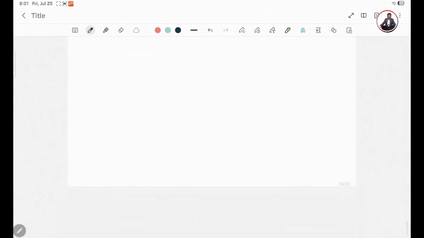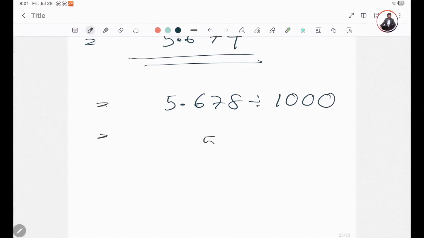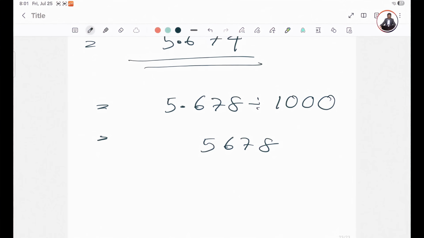Right, and then again 5,678 divided by 1,000. How to do that? Write this number 5678. How many times do we have to send it to the left? 3 times.